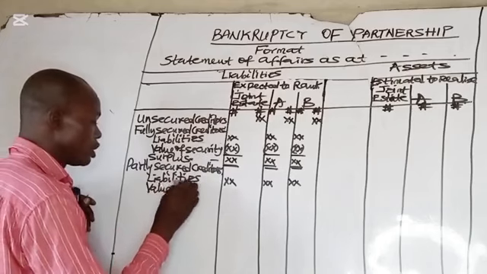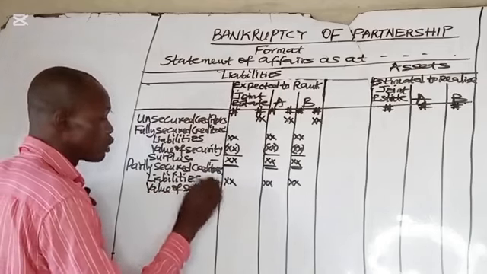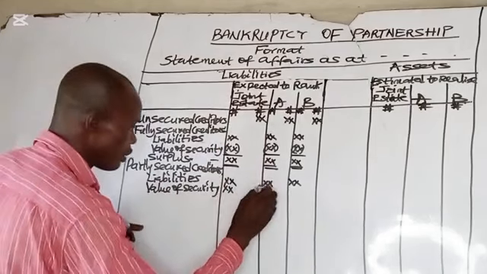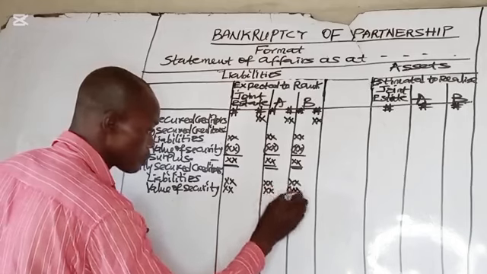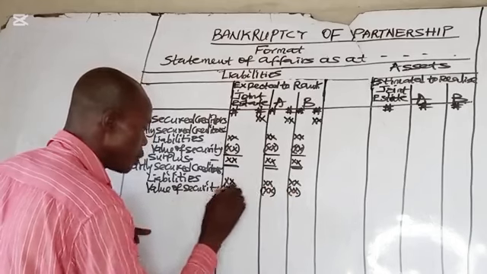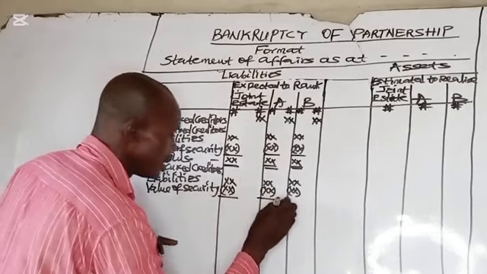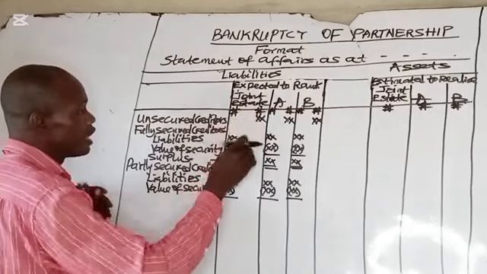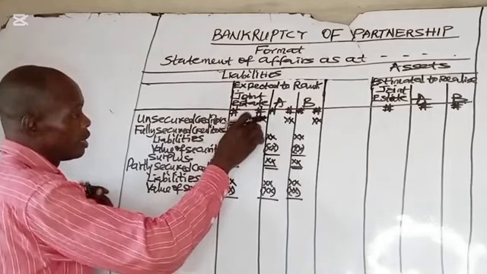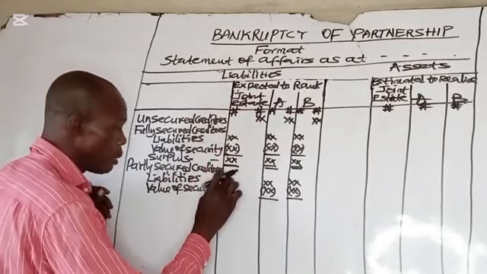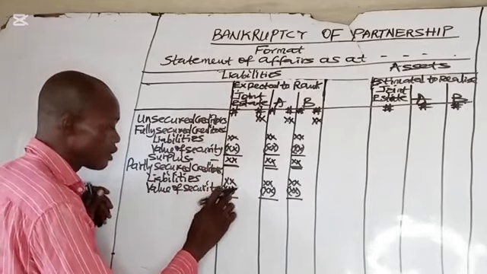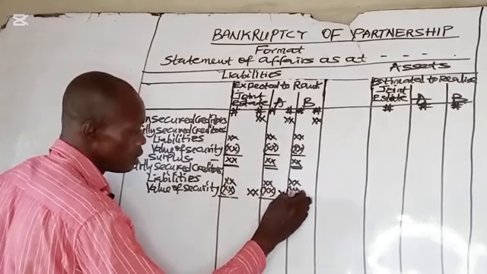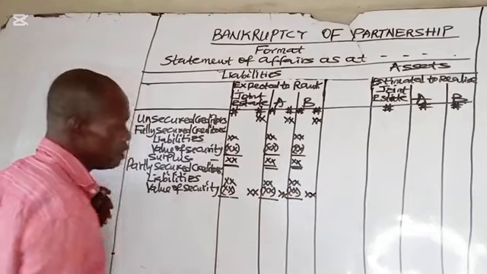Remember, I've told you for partly secured creditors, the value of the liabilities is greater than the value of security. Then in this case, you will have a deficiency as regards partly secured creditors. That deficiency will be ranked with unsecured creditors. That is why the amount by which liability is greater than the value of security, you put it under the second naira. So same for A and B.